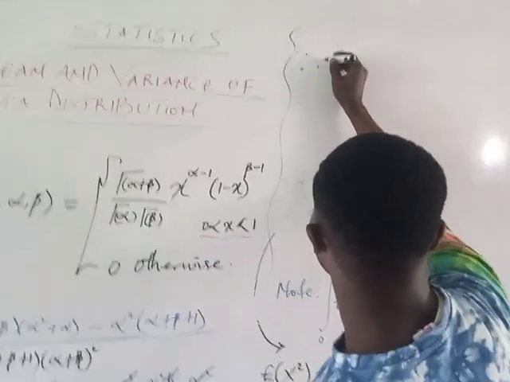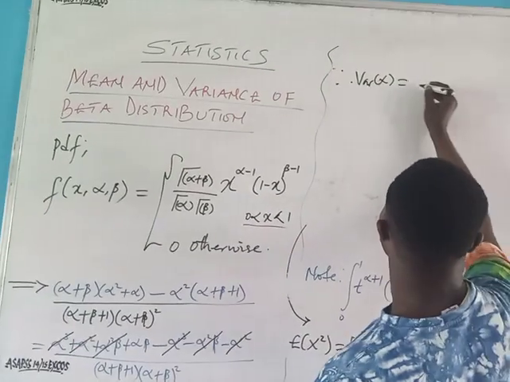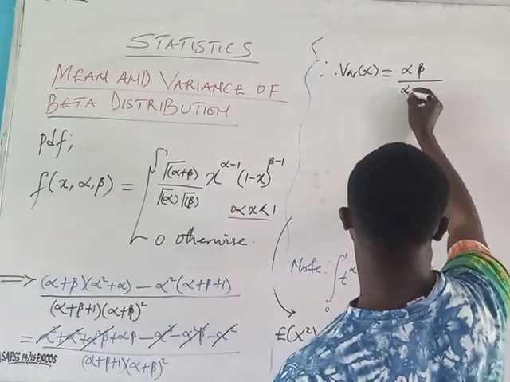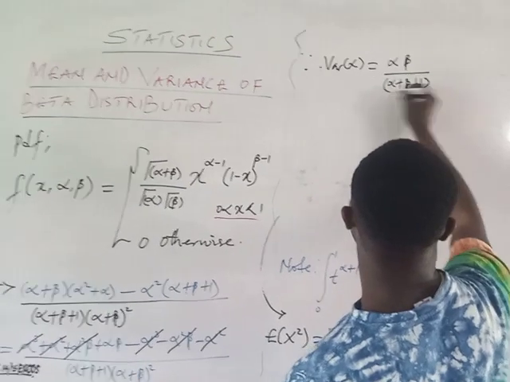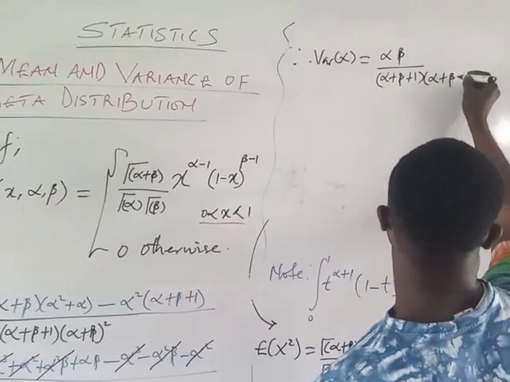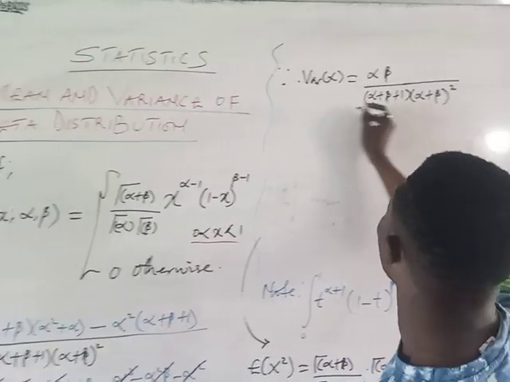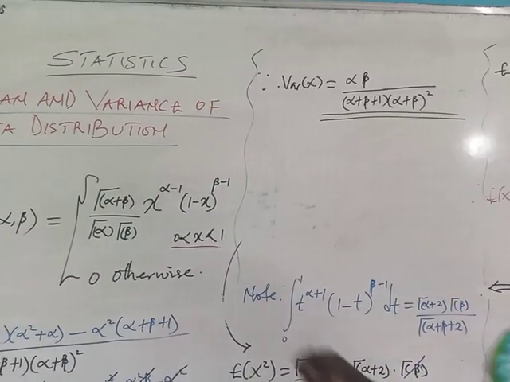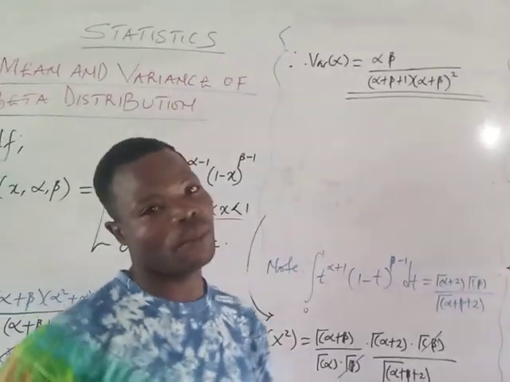Therefore, our variance will be equal to alpha beta all over alpha plus beta plus 1 into alpha plus beta all square. So this is the variance of beta distribution. Thank you very much.